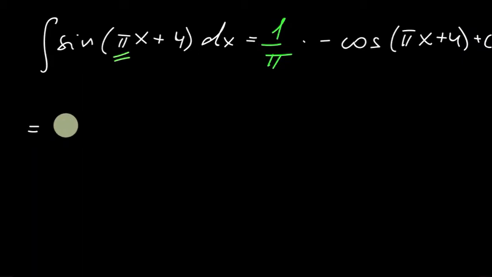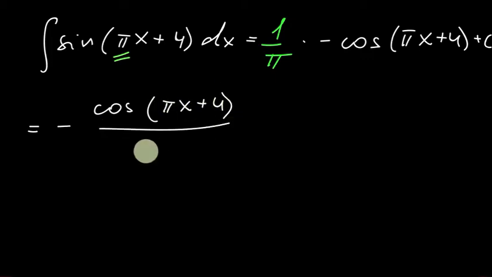So our answer looks like this: minus cosine of pi x plus 4 divided by pi plus c. That's our answer.